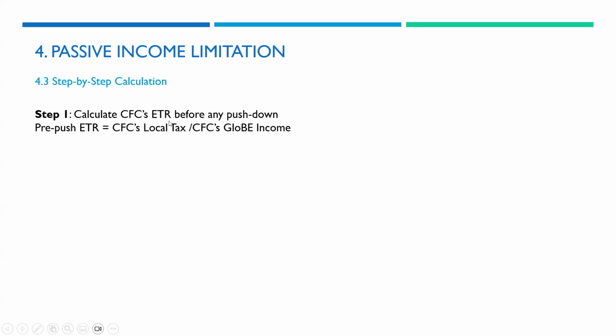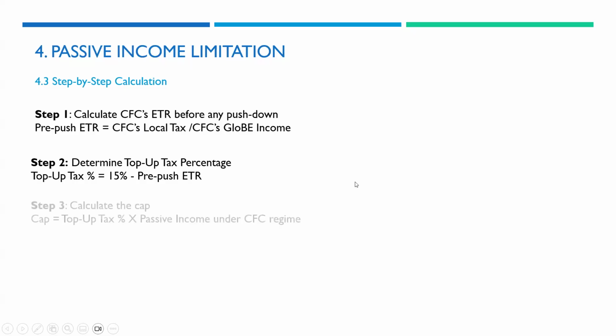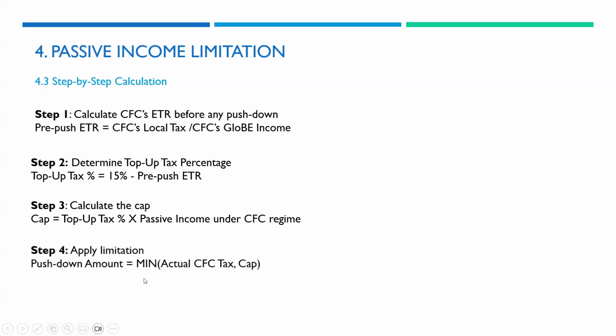CFC meaning the subsidiary. So the pre-push ETR, there we calculated 4%, right? That is the local taxes divided by income. And once we get the ETR, you determine the top-up tax percentage for the subsidiary. So top-up tax is nothing but 15% minus the pre-push ETR, and that is the cap. So the top-up tax percentage into passive income under the CFC regime, or the actual CFC tax, whichever is lower, is what you can push down.